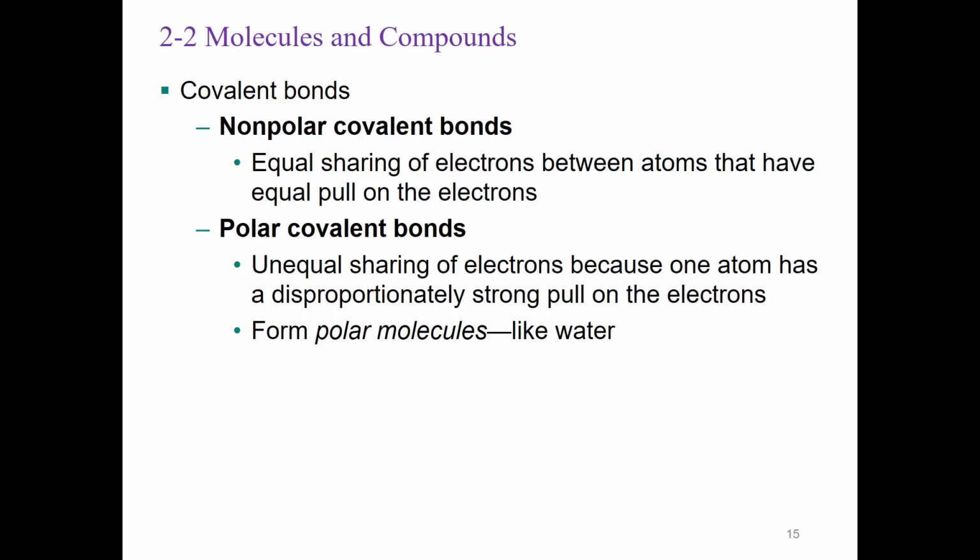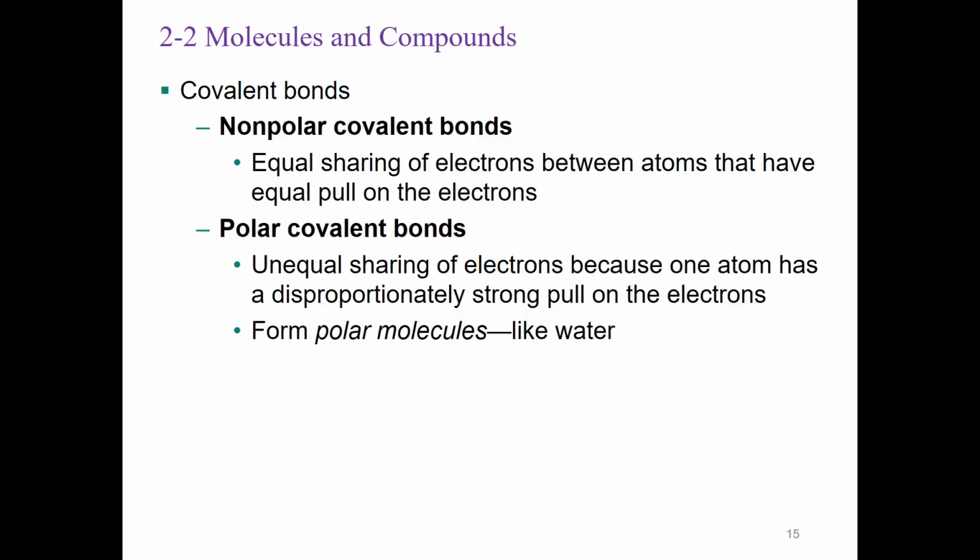That's a nonpolar covalent bond. A polar covalent bond is an unequal sharing of electrons because one atom has a stronger pull on the electrons than the other. So we call this a polar molecule that forms in this type of bonding. An example of this would be water, and I'll show you a picture of that in just a second.